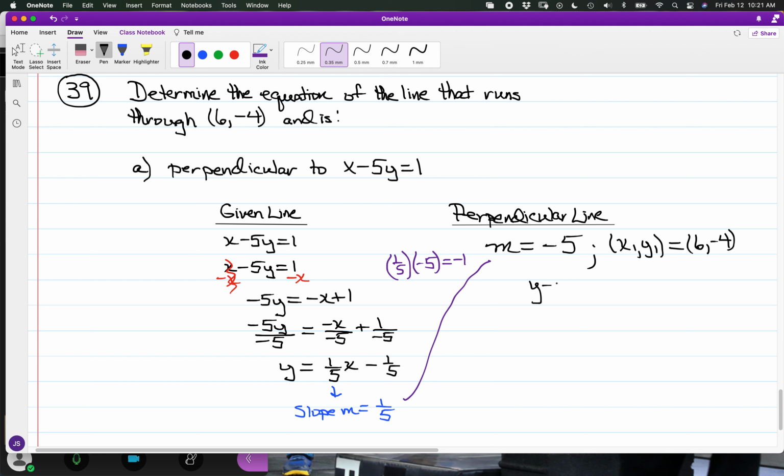And using the point slope formula setup, with the tools that we have for substituting, for y minus y1, that's going to be y minus -4.